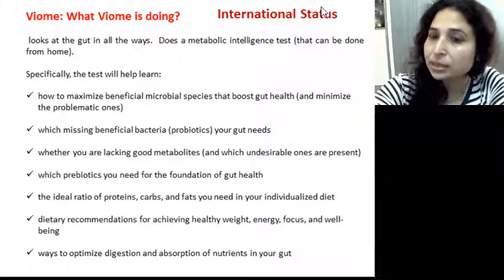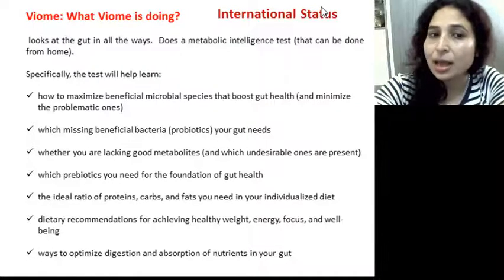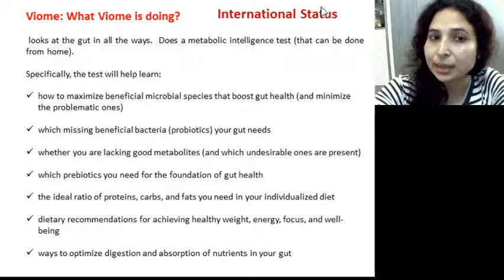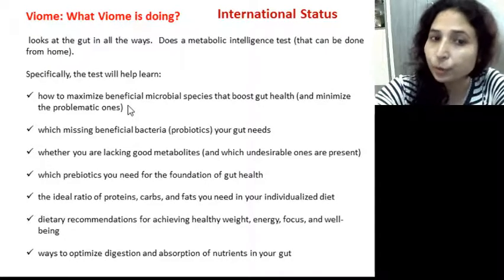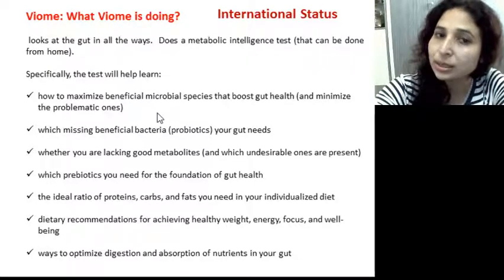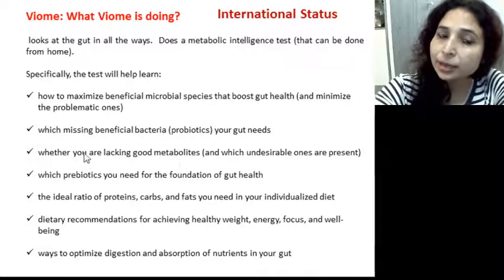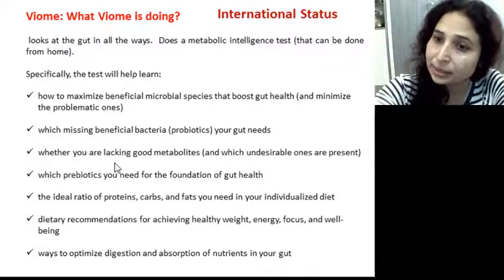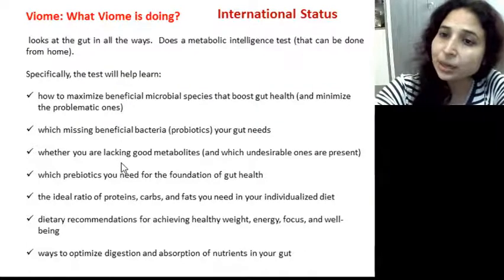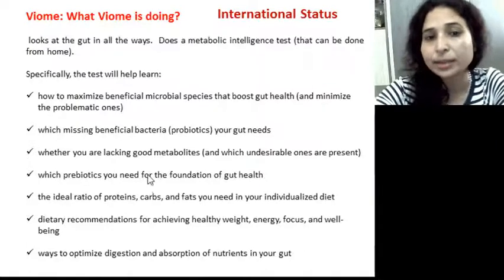This company was set up by Naveen Jain, and he claims that he can give suggestions on how to improve the beneficial microbial species. And if some class of microorganisms is missing, he can replenish it with the help of probiotics.